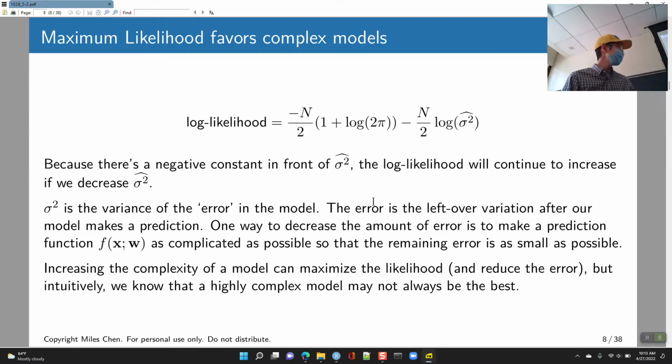That we have. But on the other hand, we also know that having a highly complicated model is not going to be the best. This is going to put us at risk of overfitting our data, and so perhaps we don't want to just keep doing that. But if you want to maximize, quote unquote, the likelihood of your data, you can say, this is the true model.